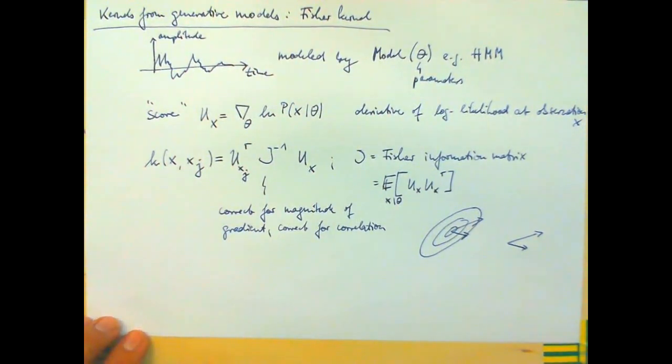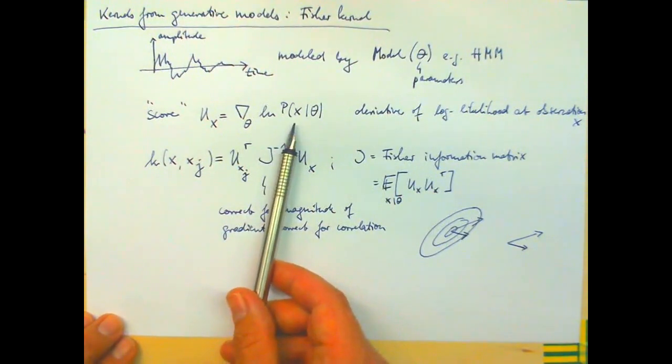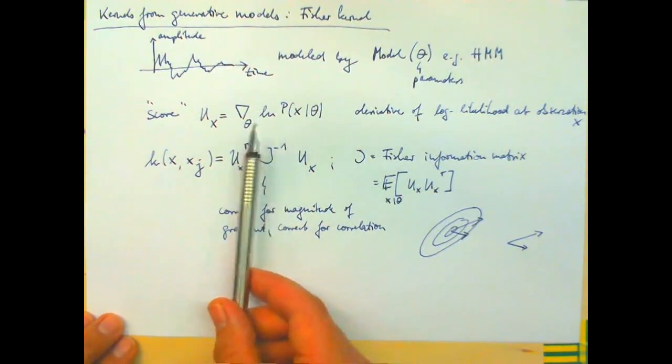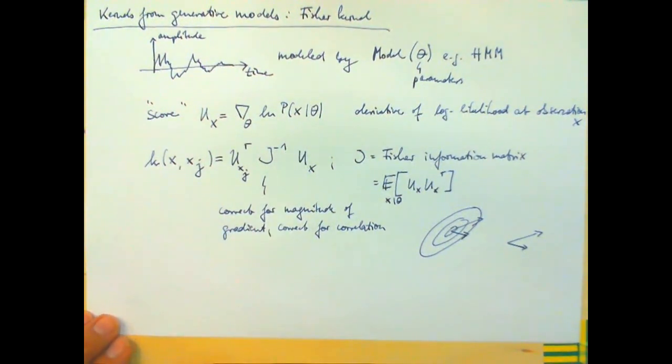Now, what is the interpretation of this? Essentially, this tells me in which direction a new observation wants to pull the parameter vector theta. So when I train the model, for example, by maximum likelihood, I want to make sure that the model explains all observations well.